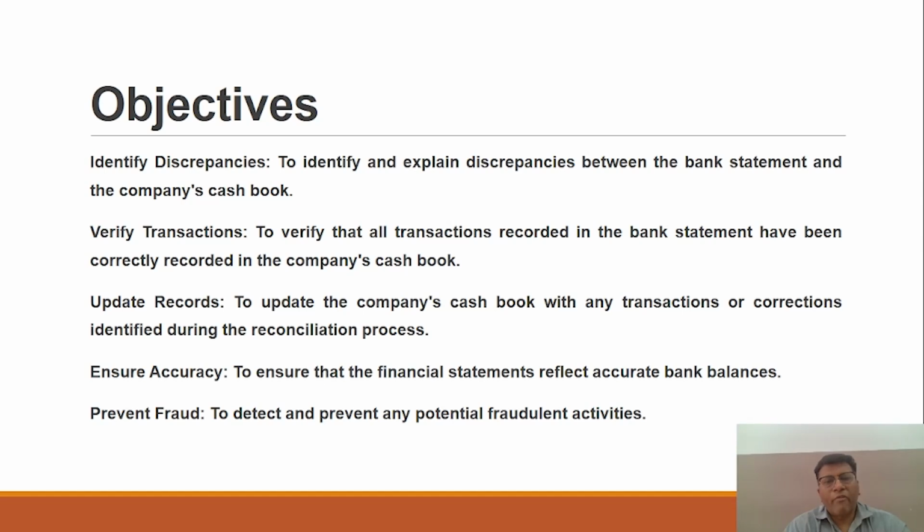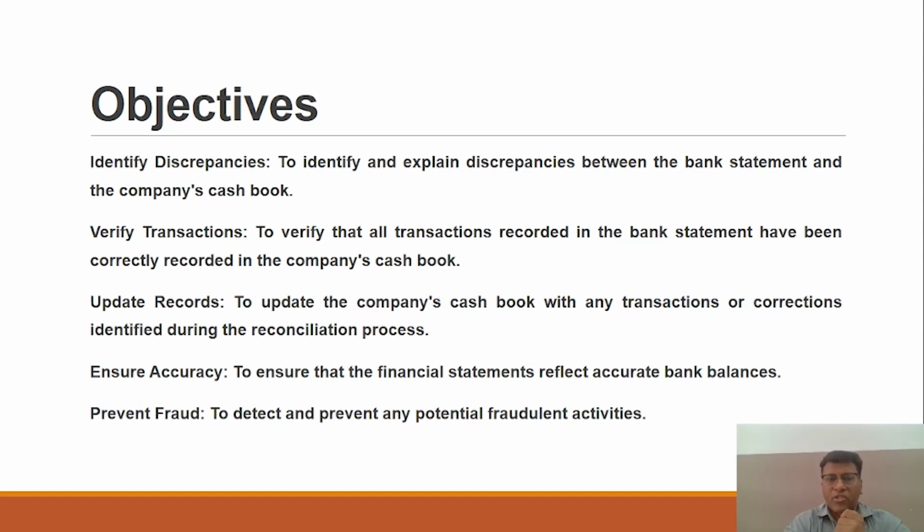And in order to verify the transaction, this statement is also required. Suppose, for example, you deposit cash into the bank, and you have maintained that record in the cash book, but the passbook is not giving you any evidence that this type of transaction took place. So in order to verify the transaction in both books, you require this statement.